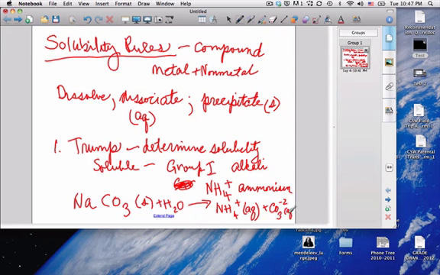Okay. So if you were asked about what is sodium carbonate, you'd say soluble. And why? Well, it's the cation that determines it. Trump card, group 1.